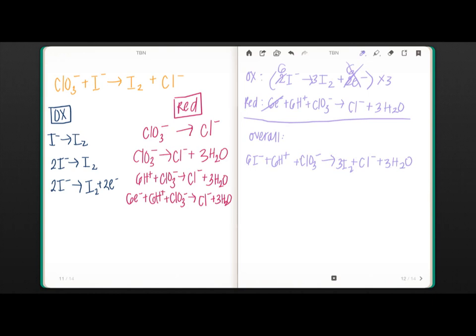So this is your balanced overall reaction in acidic conditions. So that is it for this problem.